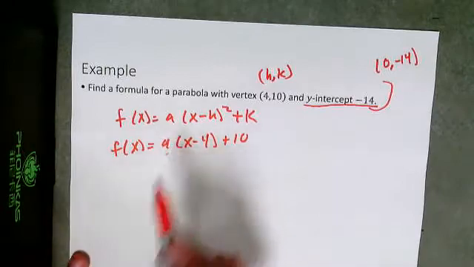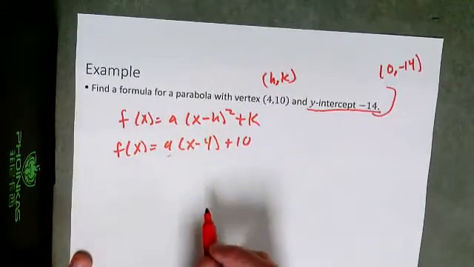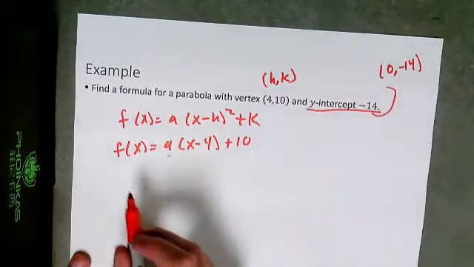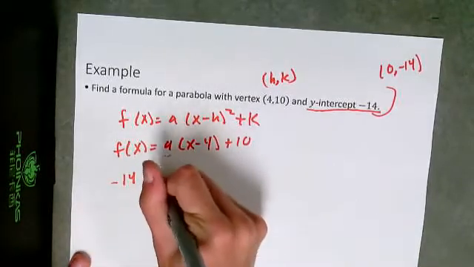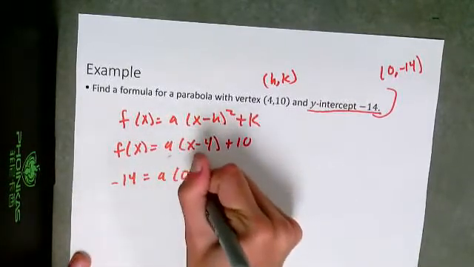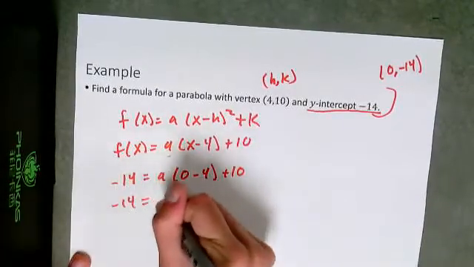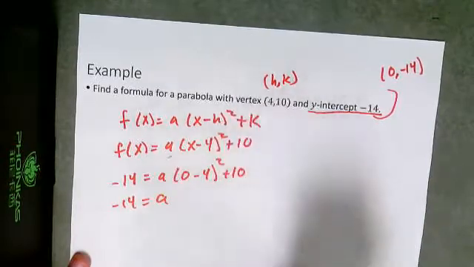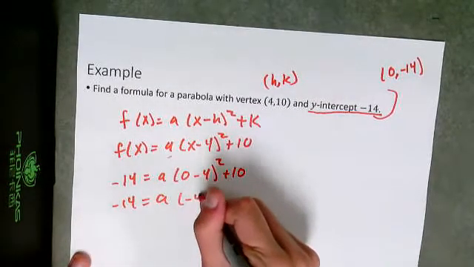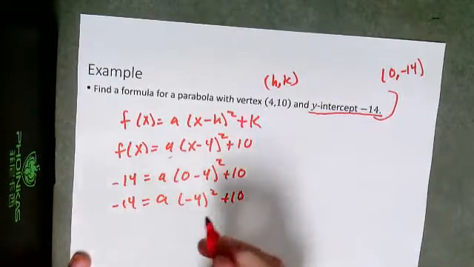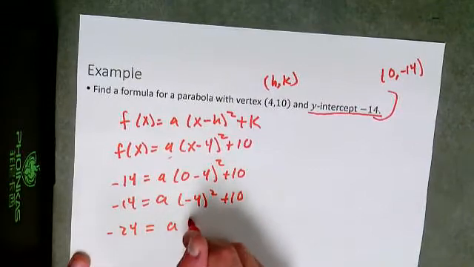Now we need to find out what a is. We're given a point, x comma y, so let's plug those in for x comma f of x and solve for a. We have -14 is equal to a times (0 minus 4) squared plus 10. -14 is equal to a times (-4) squared plus 10. -24 is equal to a times 16.